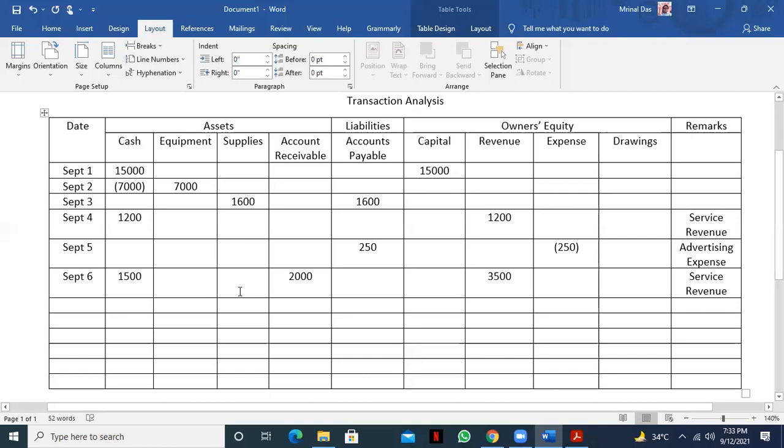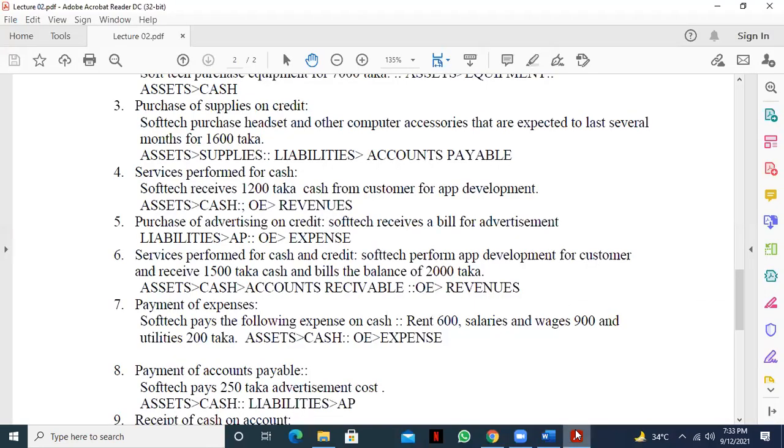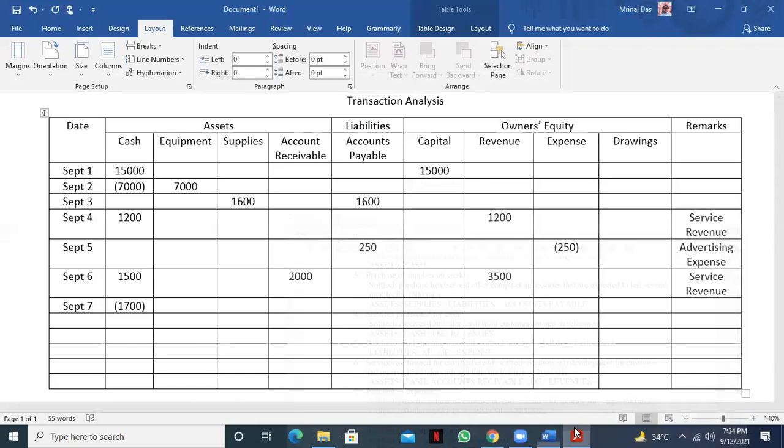September 7th. 1700 will be deducted from cash, and on the owner's equity side, in the expense column, you'll write separately. We have a rent expense of 1600 taka, so minus 1600, that is rent expense.